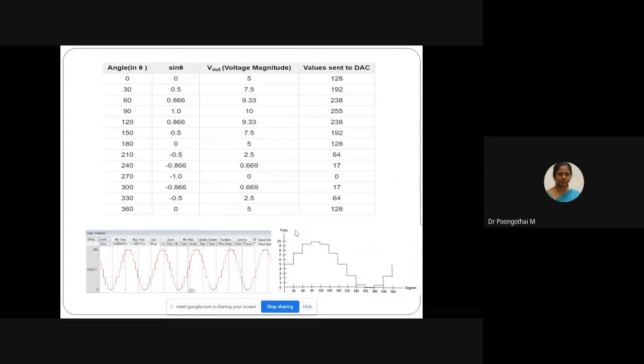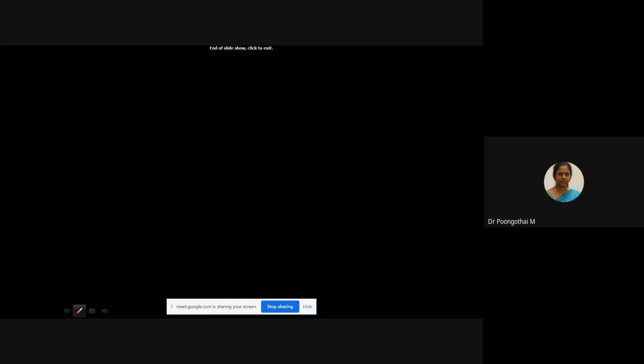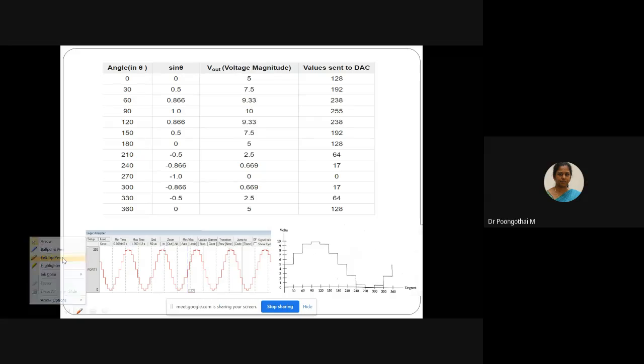So this is the lookup table. First, angles are divided from 0 to 360 with 30 degree increments.